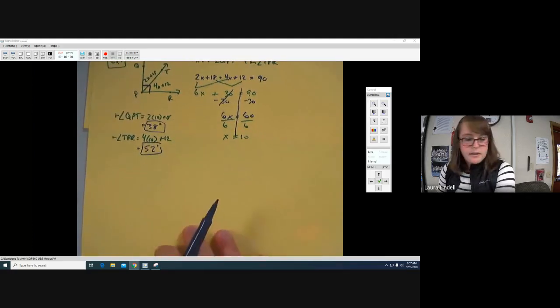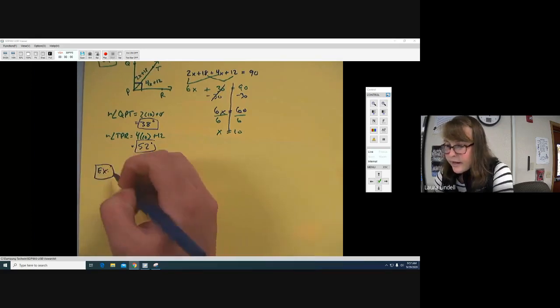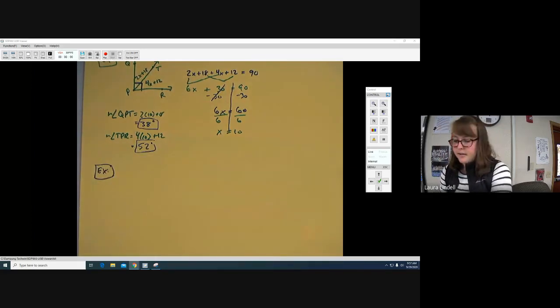Another type that we could see might look something like this, a little bit more like what you saw on IXL C3 last night. So I'm going to draw a picture here to go with it.